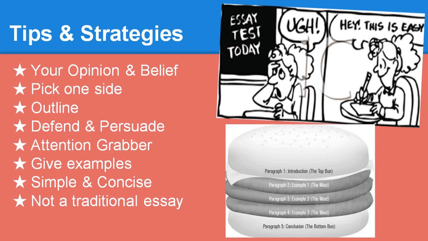Always start out with an attention grabber in your introduction, because you don't want to just be simple and boring. You want to attract your audience and persuade them that way. After you've grabbed their attention, make sure you give examples as to why your choice makes sense, why your choice is the best decision, and why everybody else should follow your choice.